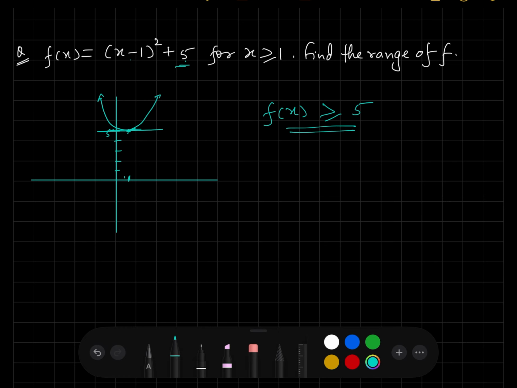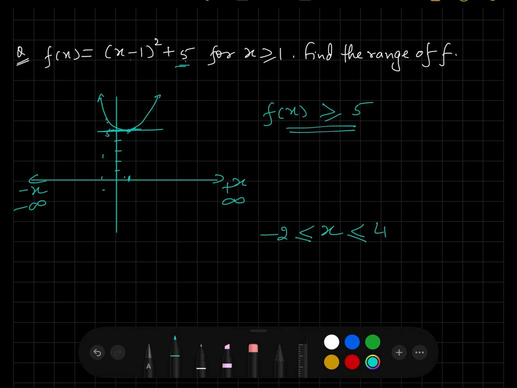Remember, in a graph, on the x-axis is the domain. The domain of this particular function would be negative infinity to positive infinity. The domain is mostly all real numbers. Sometimes in questions you might get x greater than or equal to negative 2 up to 4.